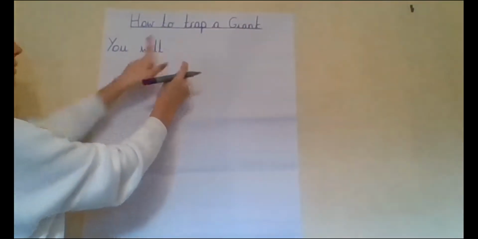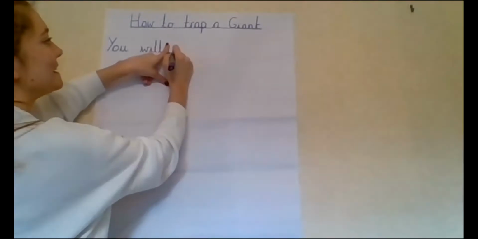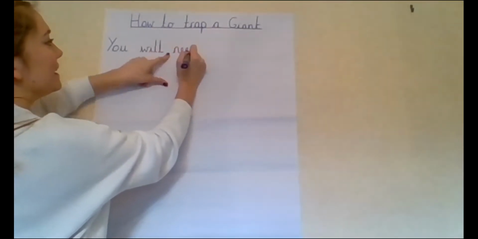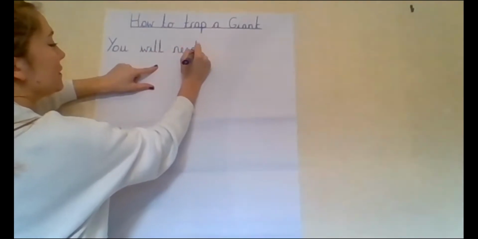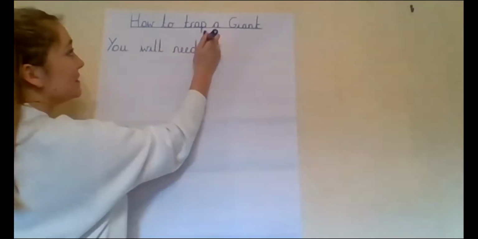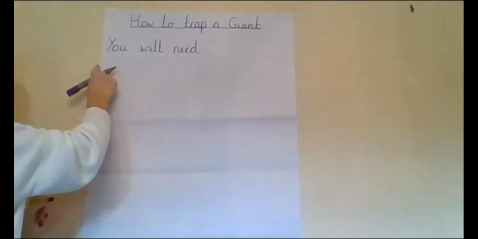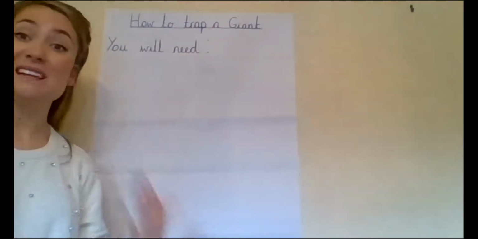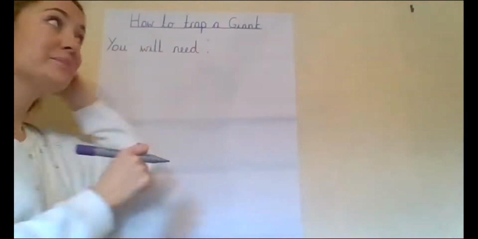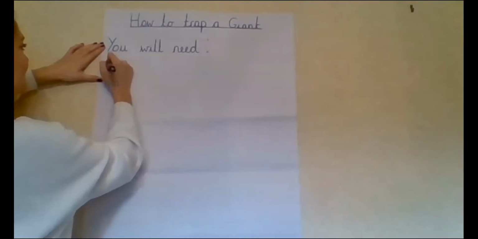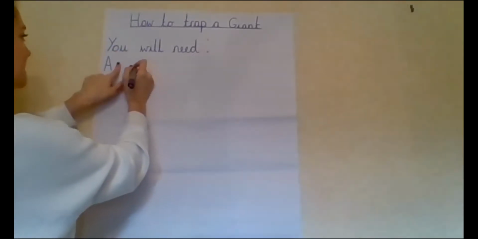You will need. So we're starting on a new line for our list, and we need to start with a capital letter. So you will need a spade, capital A, spade.